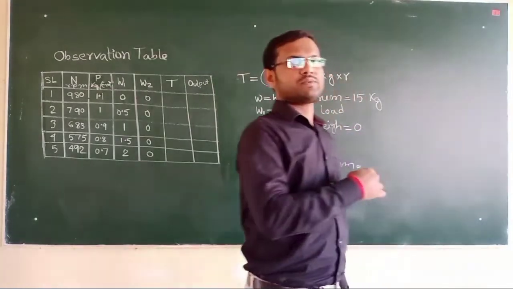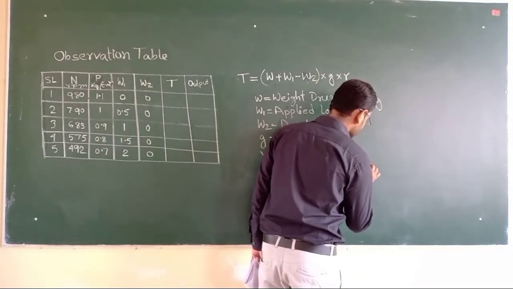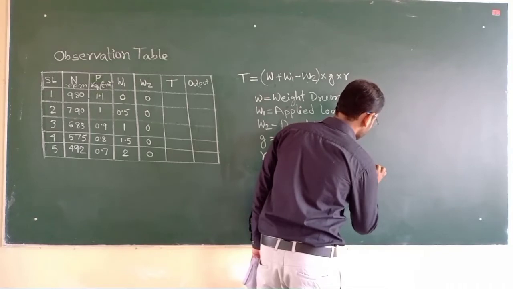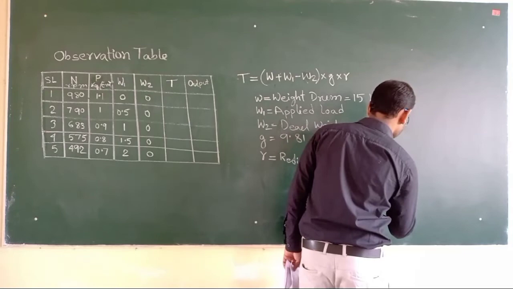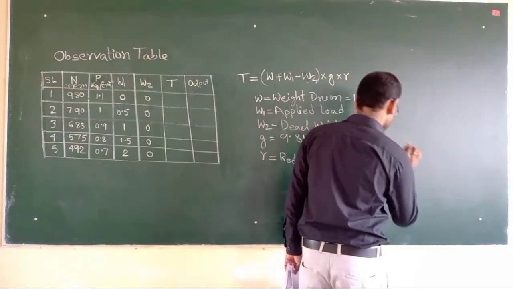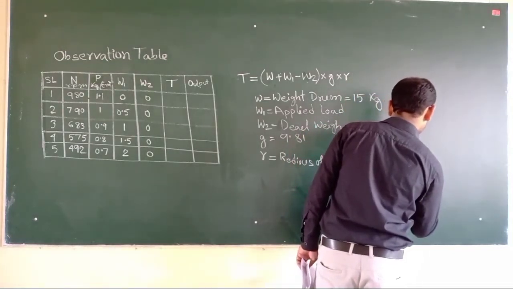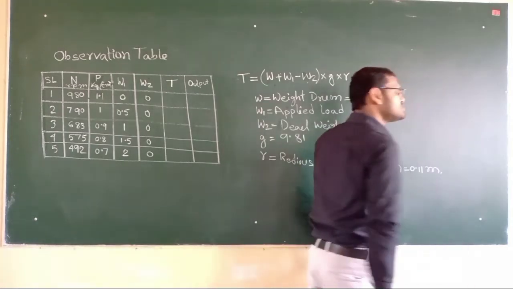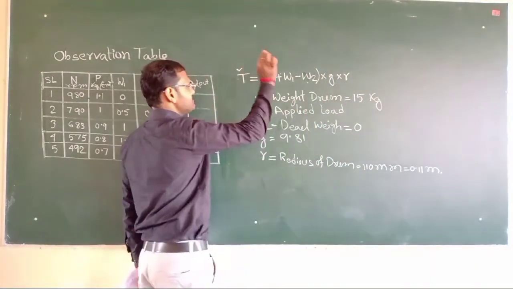The radius of drum is equal to 110 mm, equal to 0.11 meter.